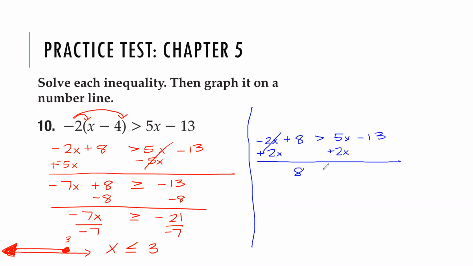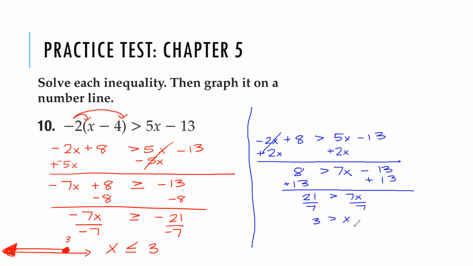This would be 8 is greater than 5x plus 2x, that's 7x, and then minus 13. So then I would have added 13 here. So then I have 21 is greater than 7x. I would divide by 7, a +7. So this would be 3 is greater than x.